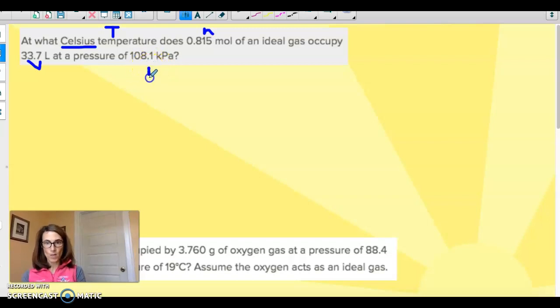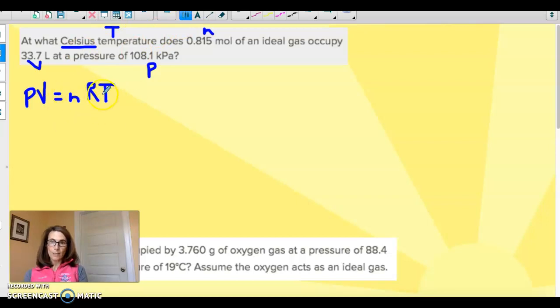So this is our P. Okay, so we have our equation, which is PV equals nRT. And what we're going to be solving for is our T.